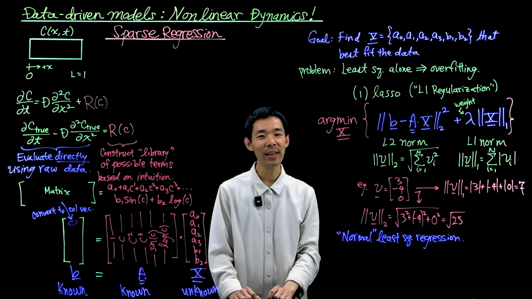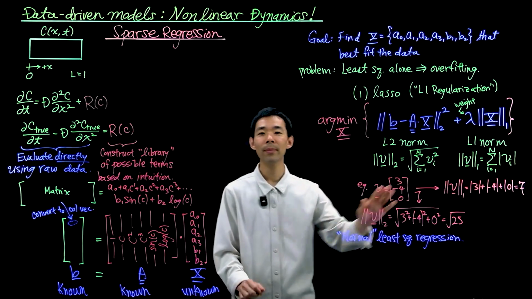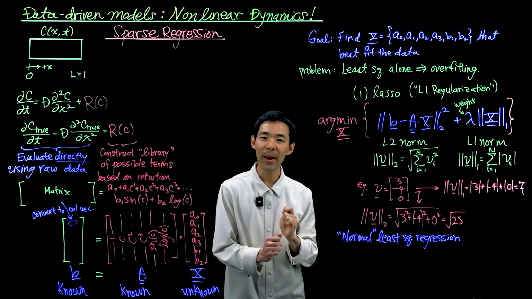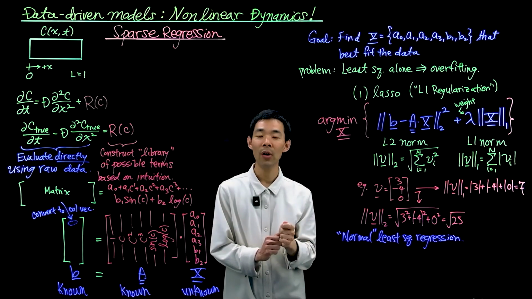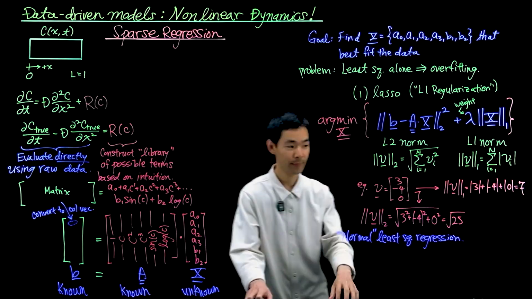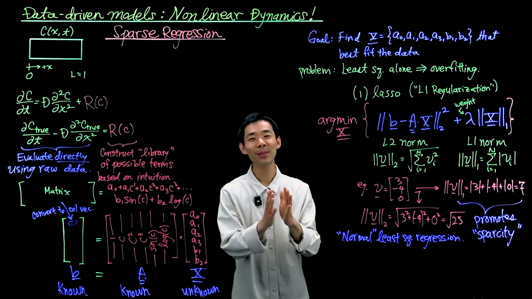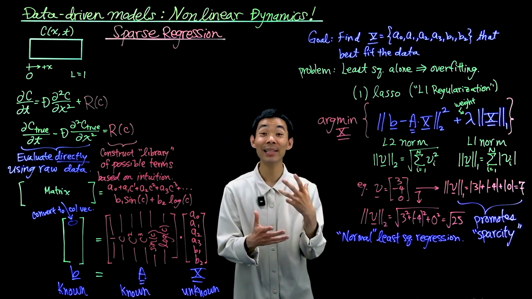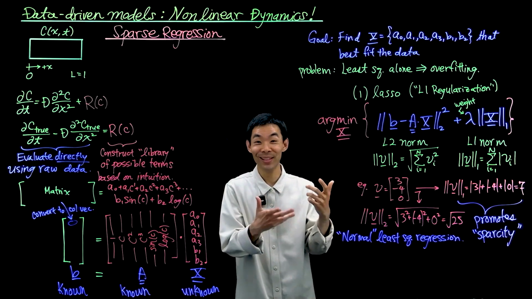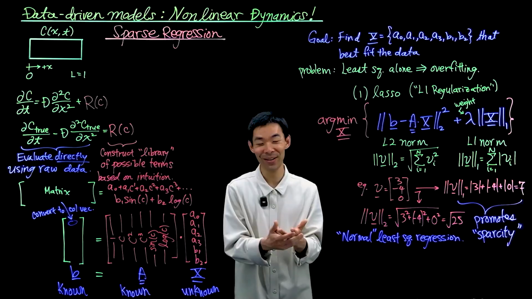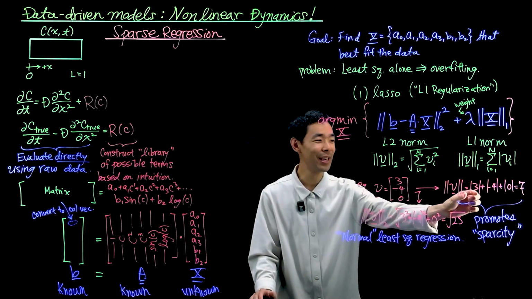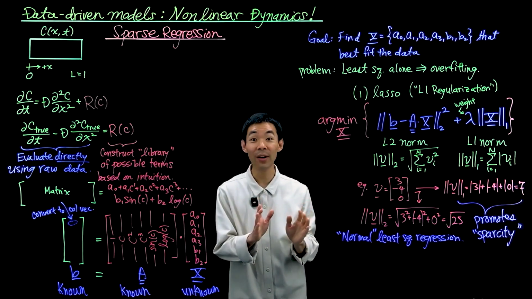Now, the interesting thing about the L1 norm is that it penalizes overfitting or promotes sparsity. What the L1 norm term does is it promotes sparsity by penalizing the existence of entries inside your coefficient vector. So it's saying, I don't want to carry around all these different entries.